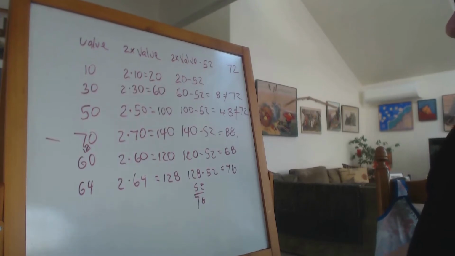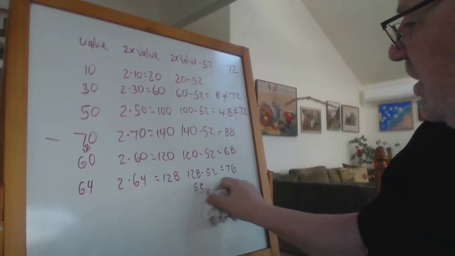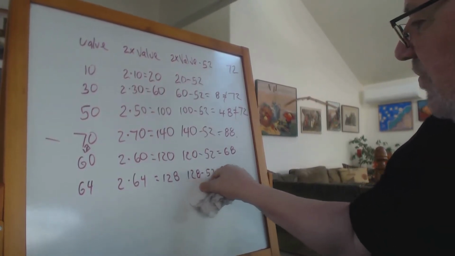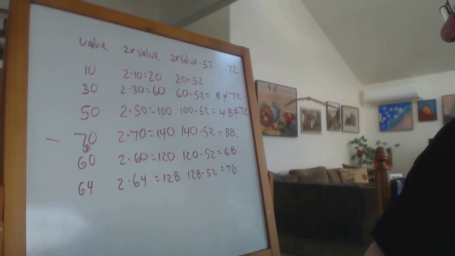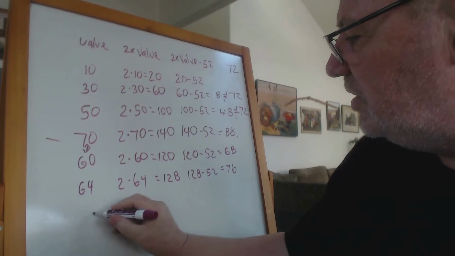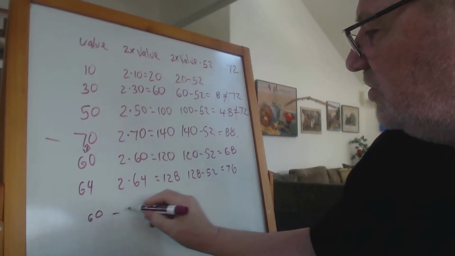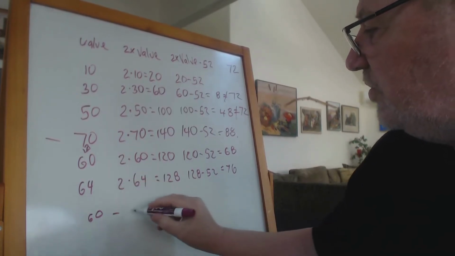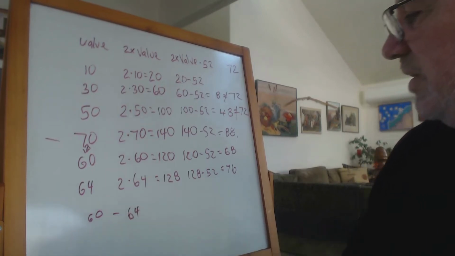It's between 60 and 65, because we knew 65 is too big. Well, 64 is too big, so that's our upper limit.